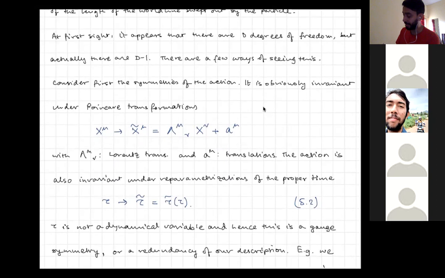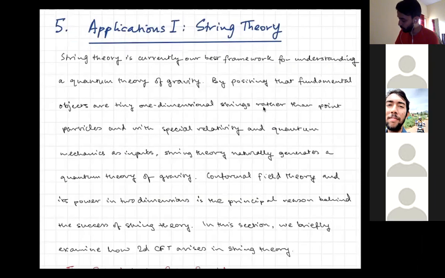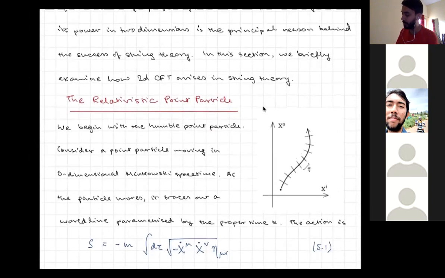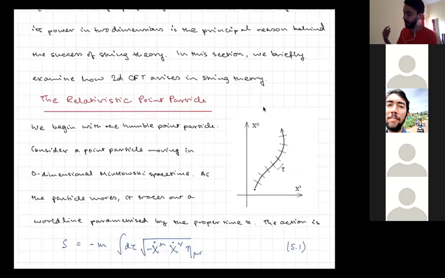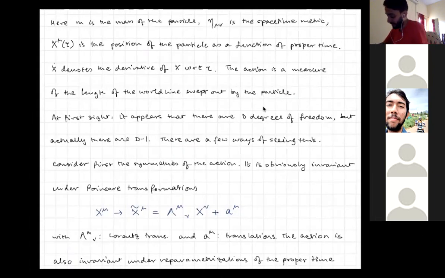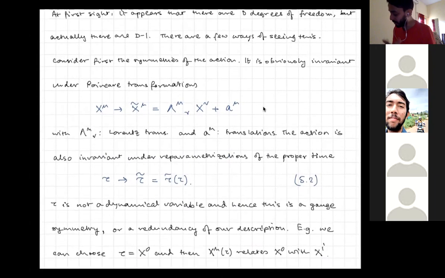So if you take tau tilde to be some function of tau, you can plug it back into the action, and you would be able to see that the action is invariant under how you parameterize it. Now you can also see that if you look at the action, tau does not appear with some sort of kinetic term.